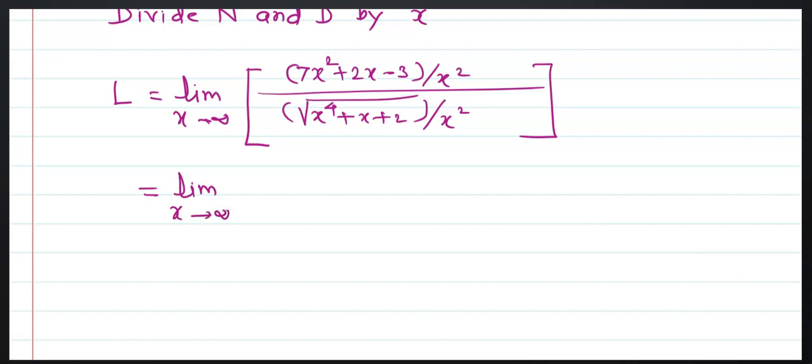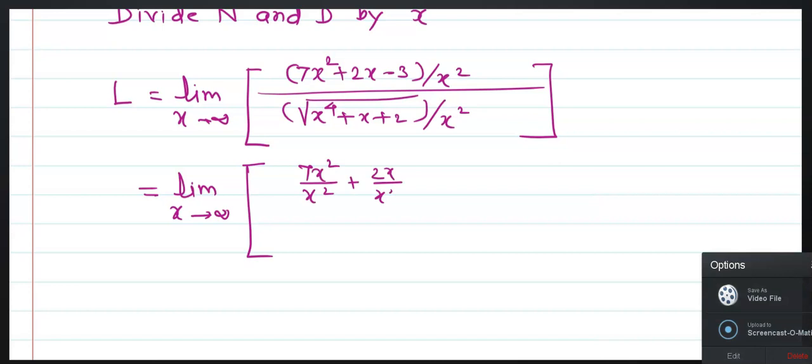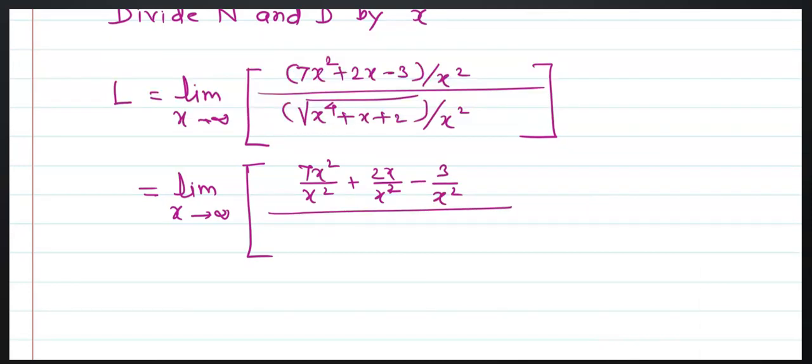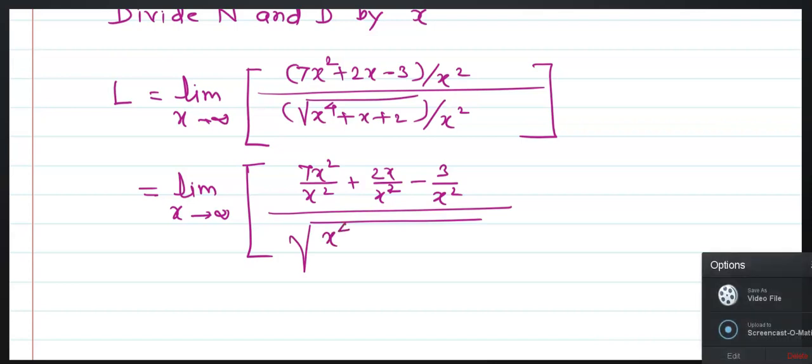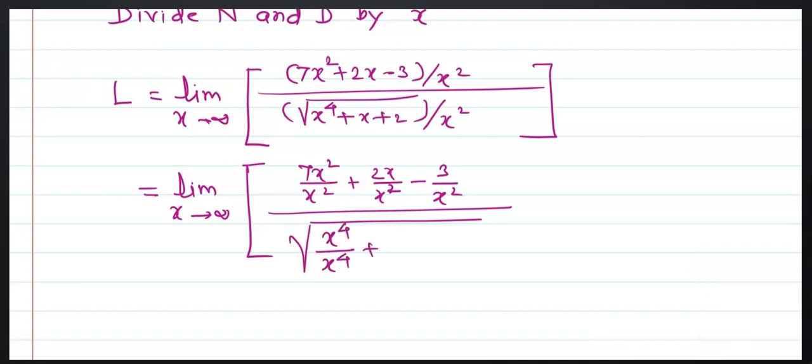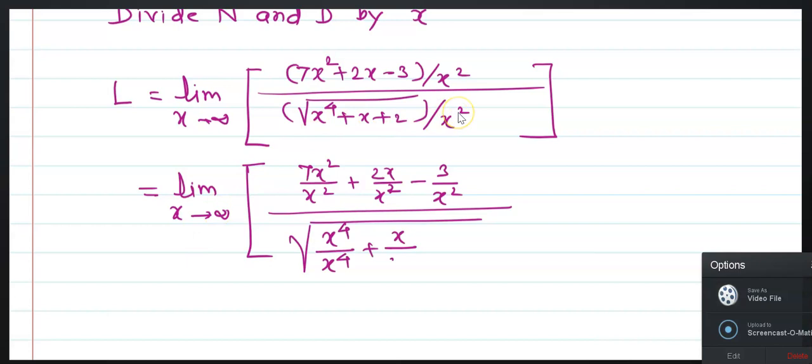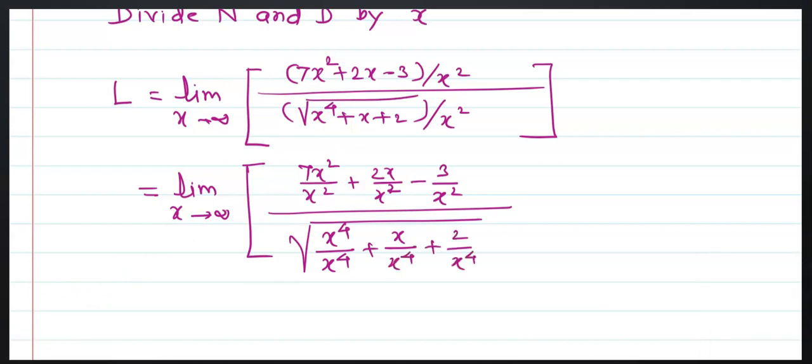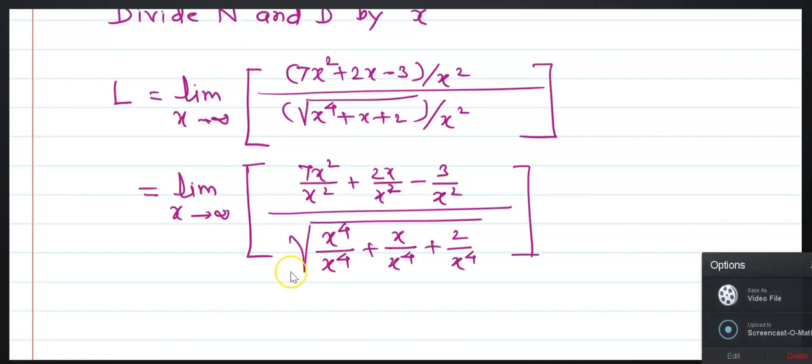Now this one thing is very important: 7x² upon x², 2x upon x², minus 3 upon x², and this divided by √(x⁴ + x + 2). When this x² comes inside the root sign, it becomes x⁴. So, x⁴ upon x⁴ plus x upon x⁴ plus 2 upon x⁴.